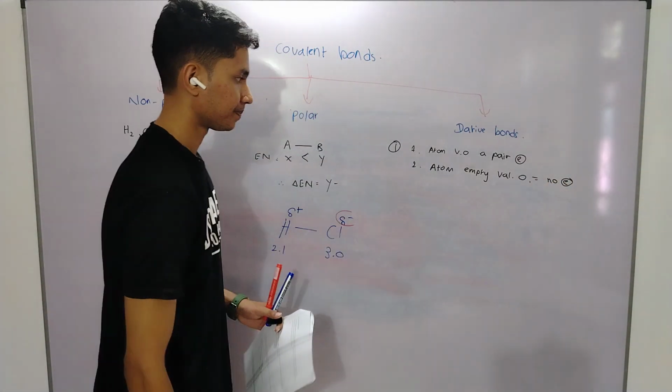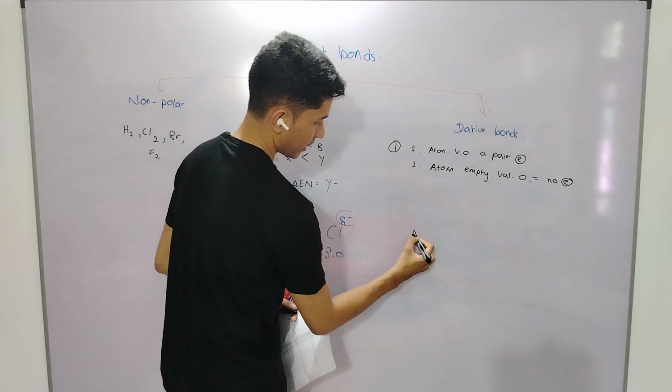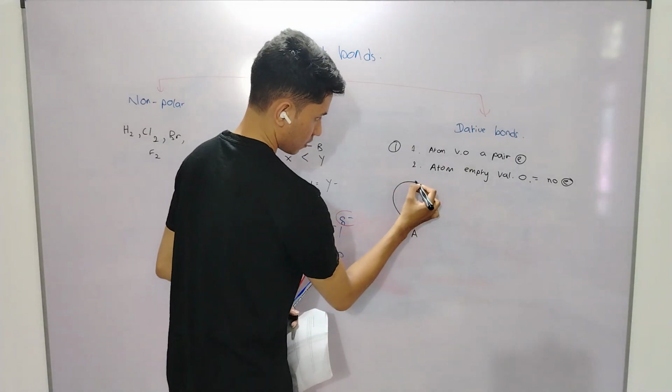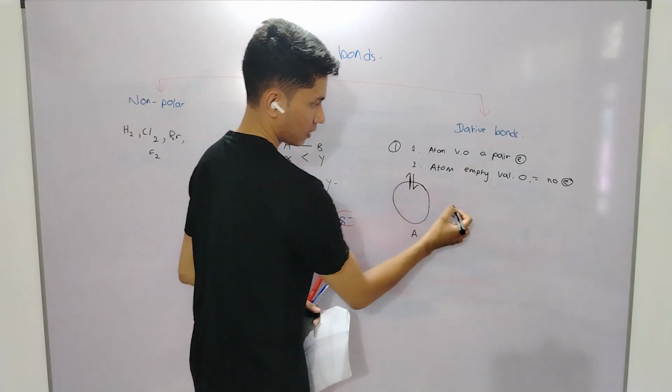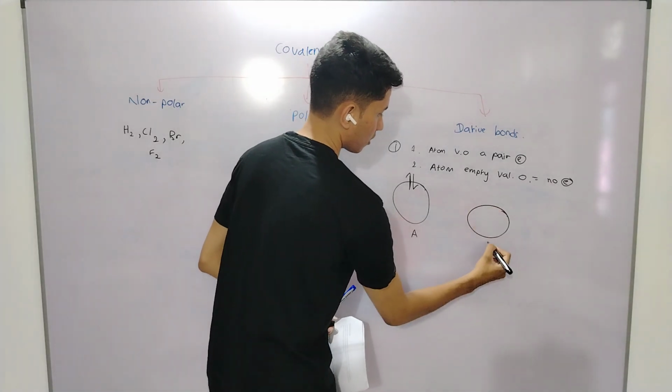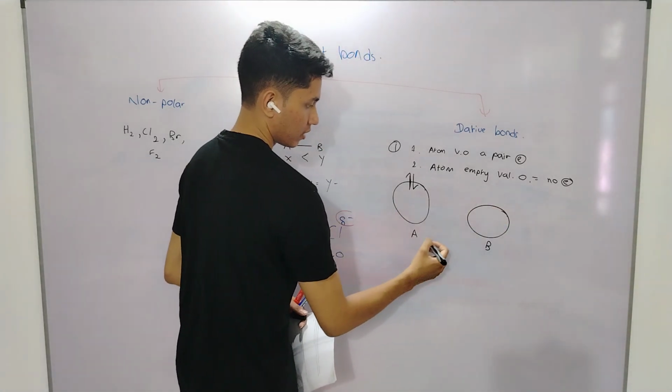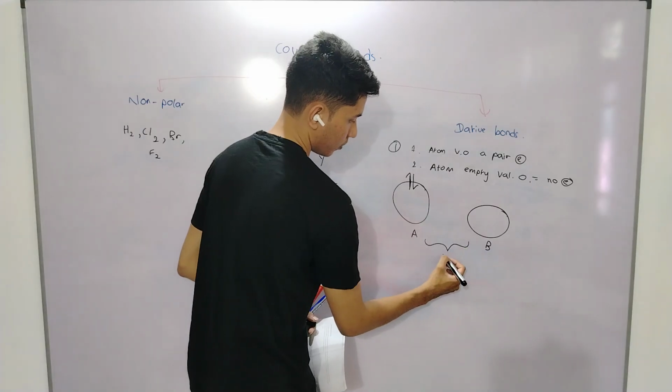Say this is atom A with two electrons. Then we can form a dative bond.